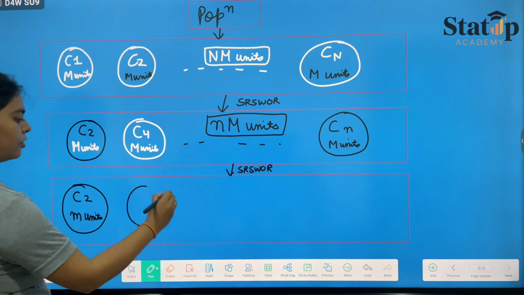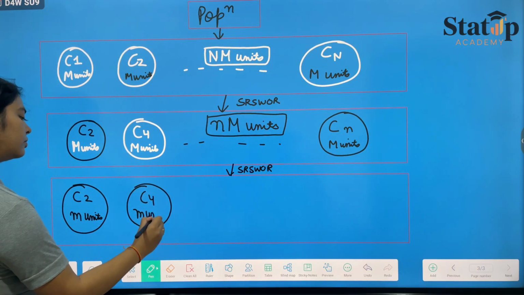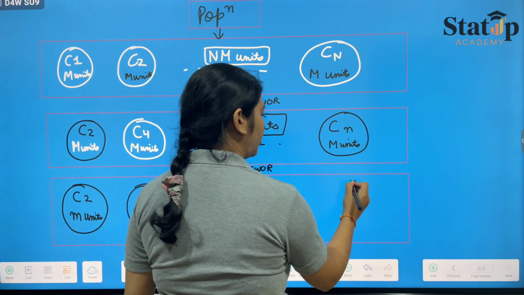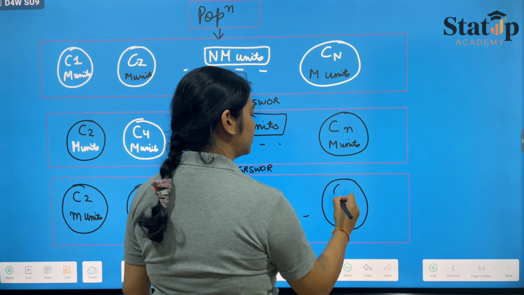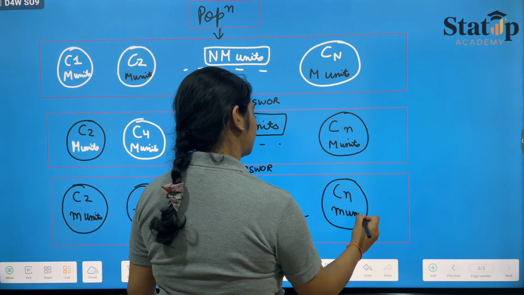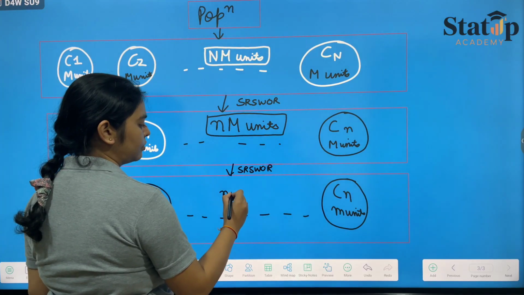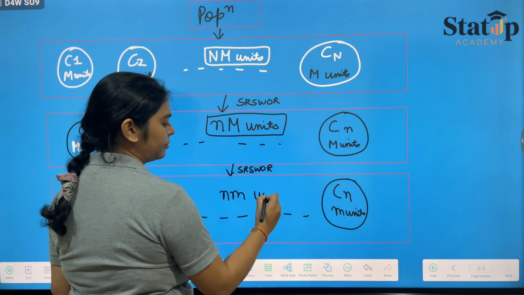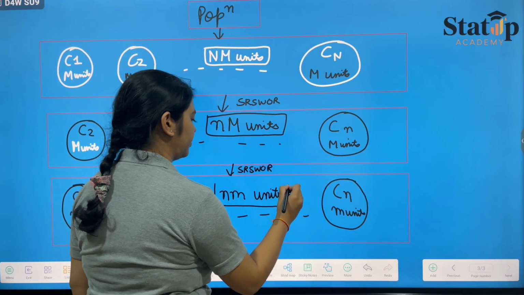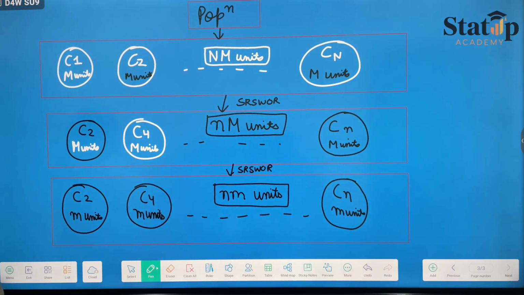From cluster 4 also, small m units are selected. And from cluster n, small m units are selected. So the total number of units here is small n into small m. Right? So this is the representation.